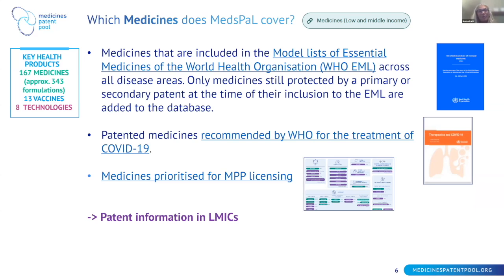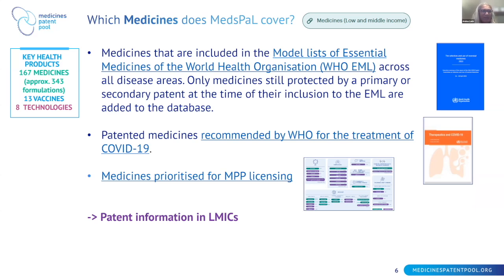As we need the patent information to add these into the prioritization, we have also decided to share that patent information with our users because the information is there. And I will show you later, gathering the patent information in low and middle income countries, which is the focus for medicines in MedsPaL, we are sharing that today.